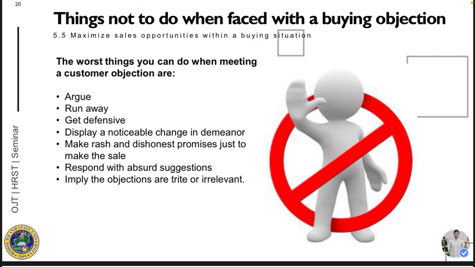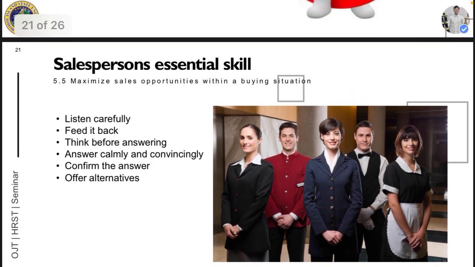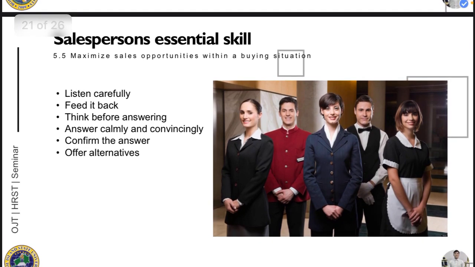These are the things that we should not do every time there is a buying objection from the customer. So these are the salesperson's essential skills that we need to possess so that we will become more effective in our work or duties.